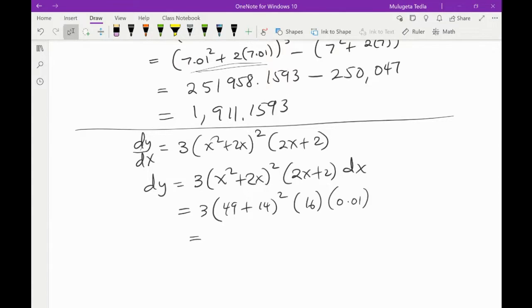So 49 plus 14 equals, squared, times 3, times 16, times 0.01.